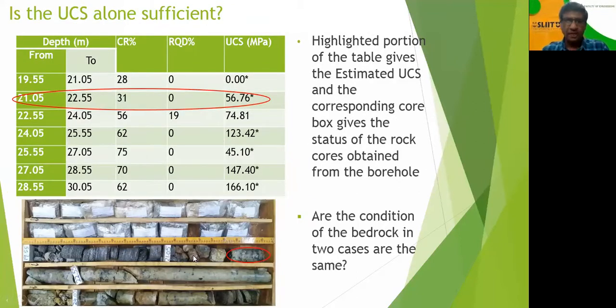So you can see here, these are actually weathered particles. And so what you obtain is actually the UCS of what is left behind after investigation, after coring. So you determine the allowable capacity based on the UCS and the RQD.